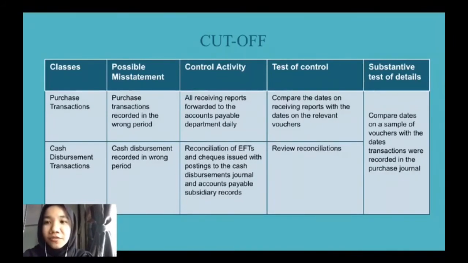Next is cut off. The purchase transaction is recorded in the wrong period, so all receiving reports are forwarded to the accounts payable department daily, and it compares the dates of receiving reports with the dates of the relevant vouchers. The cash disbursement is recorded in the wrong period: reconciliation of EFT and checks issued with posting to the cash disbursement journal and accounts payable subsidiary records, and review of the reconciliation.